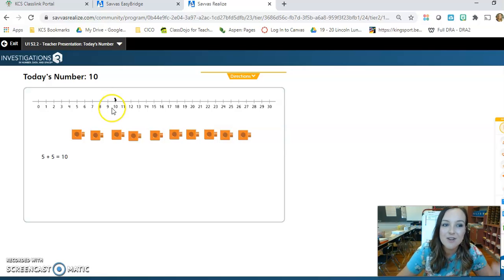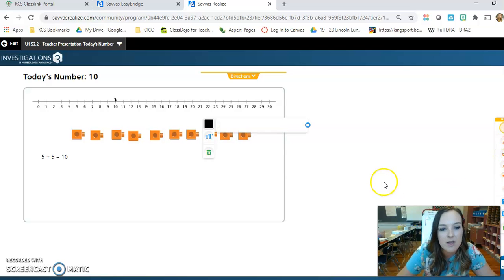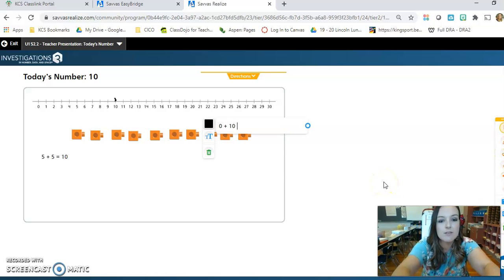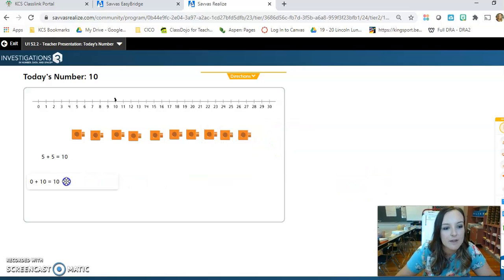Oh, so if I have 0, I need to add 10 to equal 10. All right, that's another fact that we can say. So 0 plus 10 equals 10. All right. There's another fact.